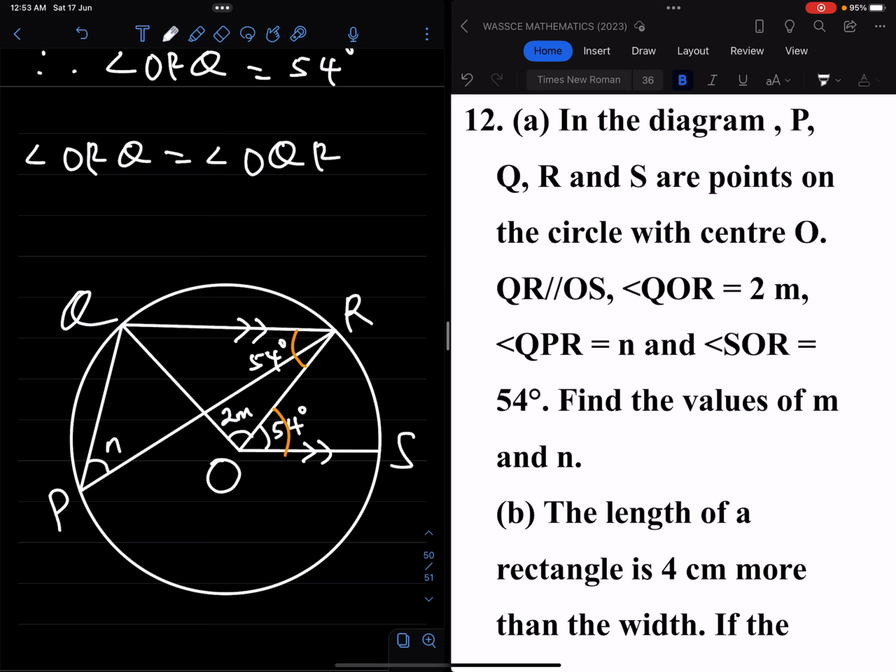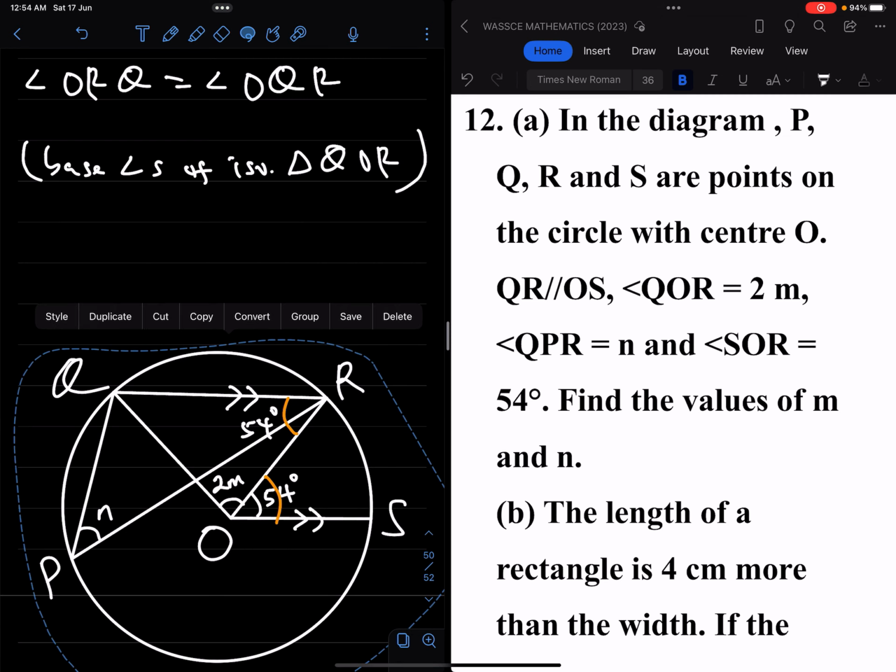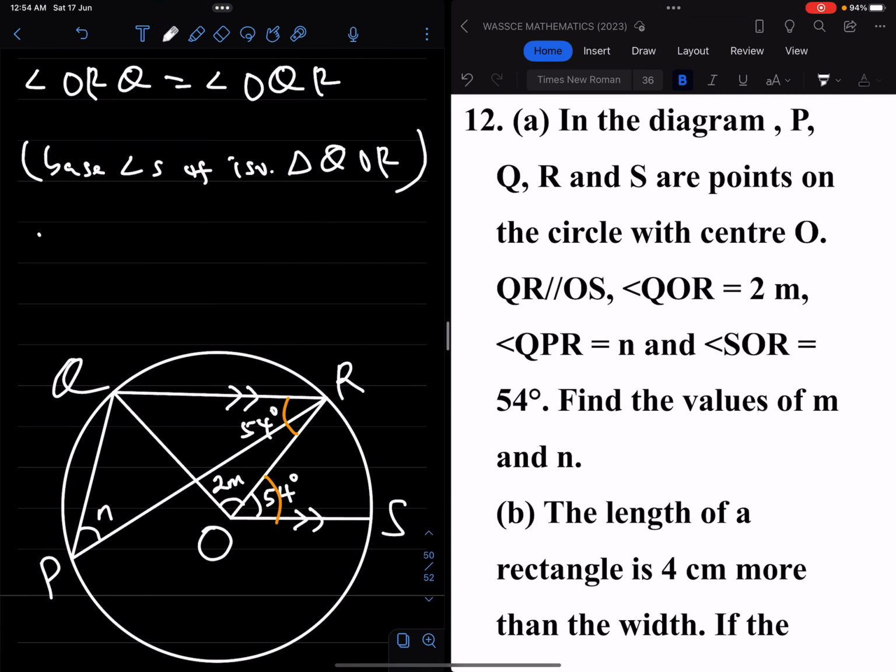What's the reason for that? Base angles of isosceles triangle QOR. Therefore angle OQR is also equal to 54 degrees.